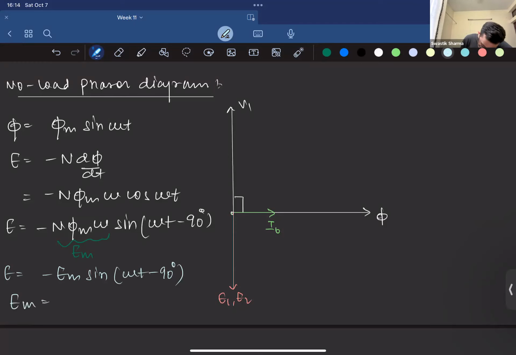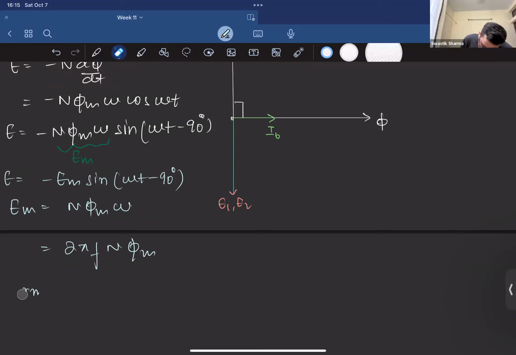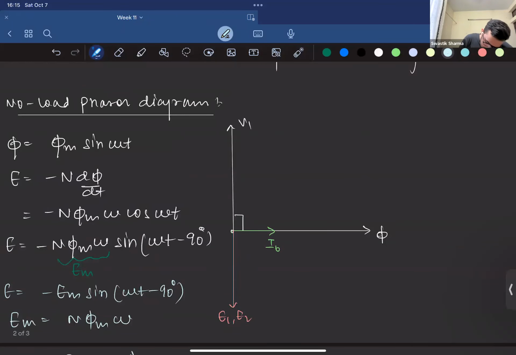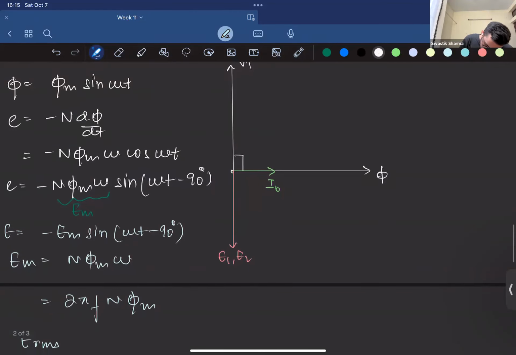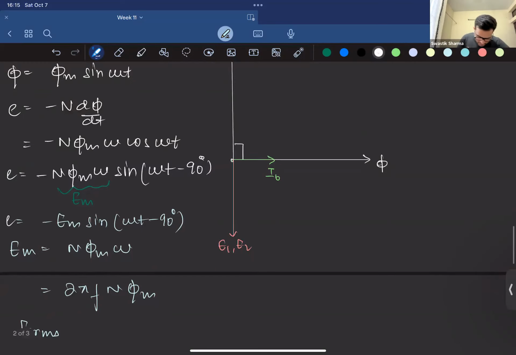So Em is what? N phi m omega, which can be written as 2 pi f n phi m. Since it's instantaneous, I'm representing it by a small e.